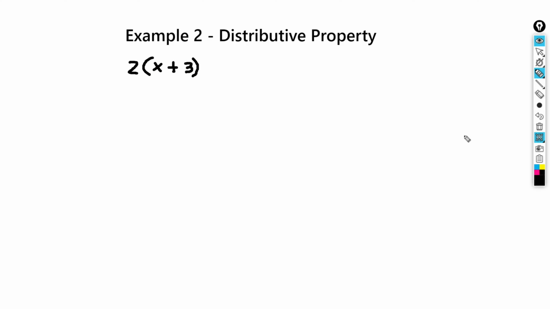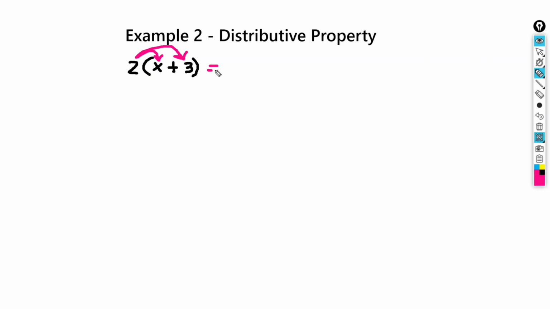All right, in example 2, using the distributive property, we have 2 times the quantity x plus 3. Now you should note that if we're going to simplify an expression like this, we really couldn't use PEMDAS because we don't know the value of x. We can, however, simplify it using the distributive property. So what we can do is we can take 2 and multiply it by x, and then 2 and multiply it by 3.